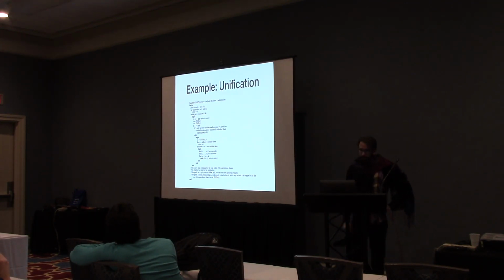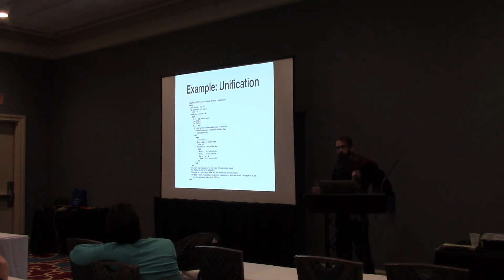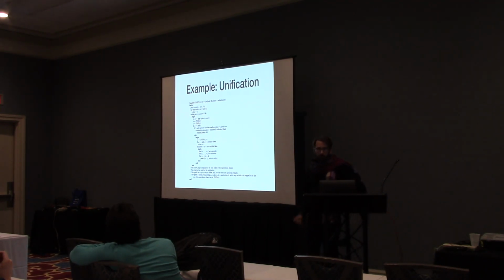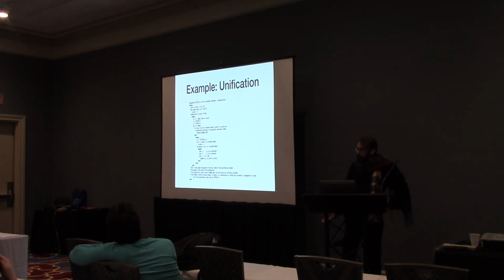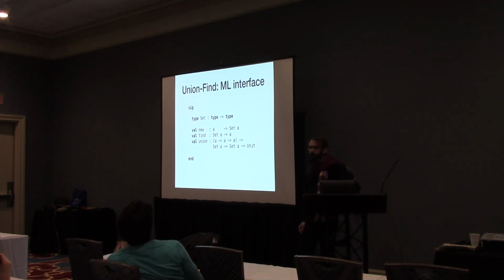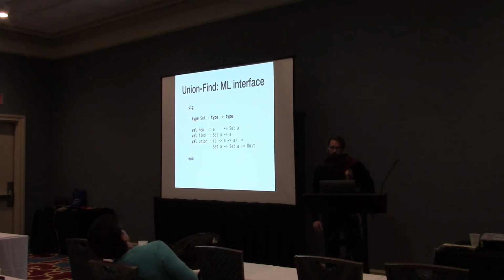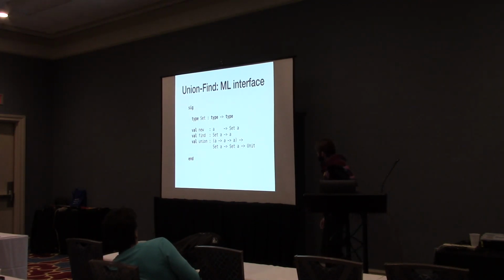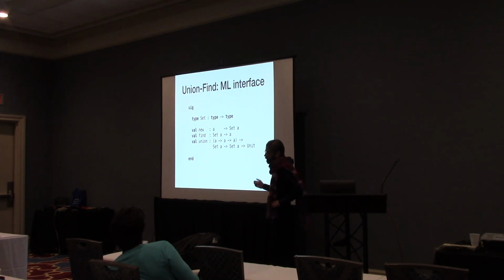So what is the first ingredient that we need in order to encode this algorithm? Well, we need a unify data structure, or a disjoint set data structure. And a standard ML, SML, or OCaml interface for a union-find data structure would look roughly like this, right? Modular syntax.